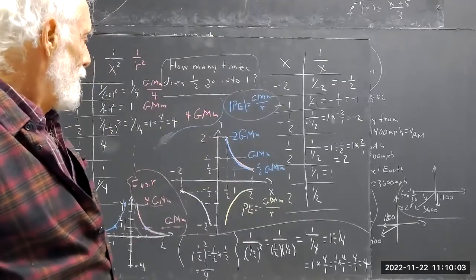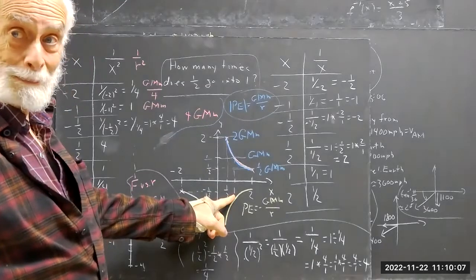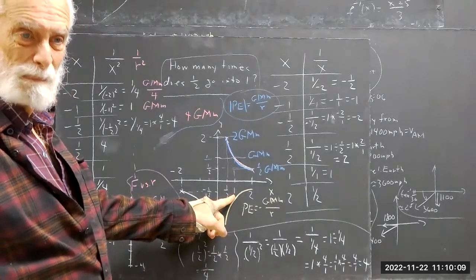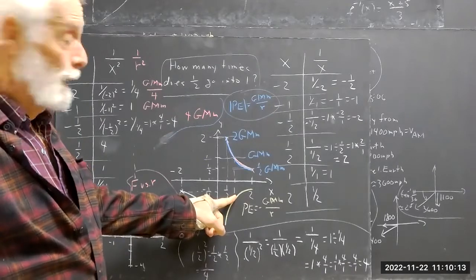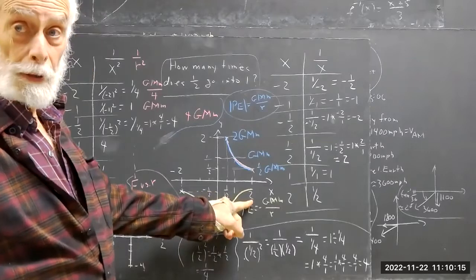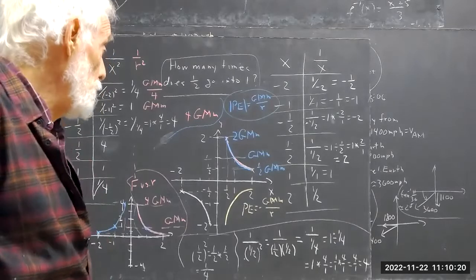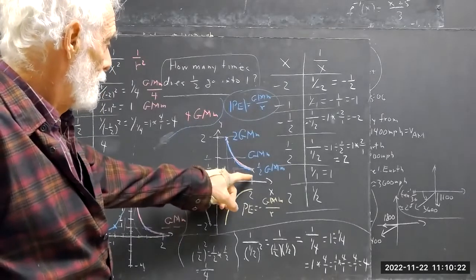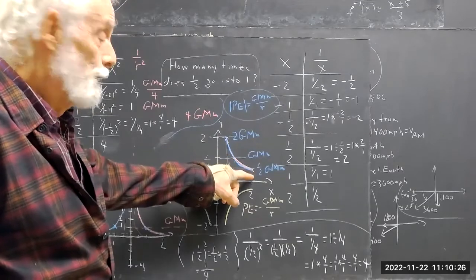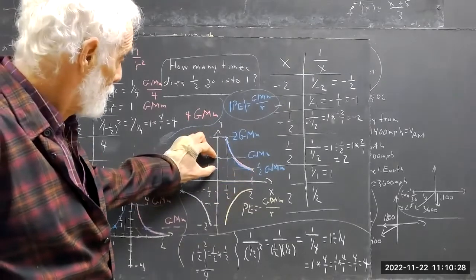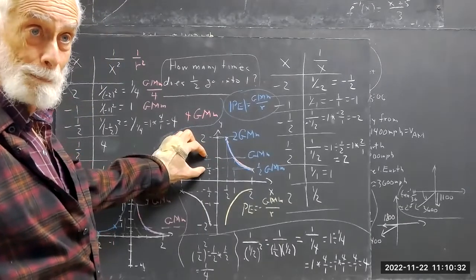If you're here at, let's say, 1 Earth radius, which is pretty much low Earth orbit, and you want to get out to 2 Earth radii, then the amount of fuel you need is basically this minus this, which is this much from the graph. So you need this much fuel, okay?